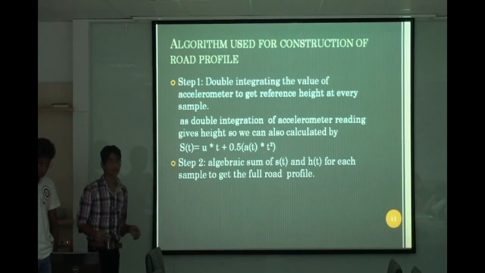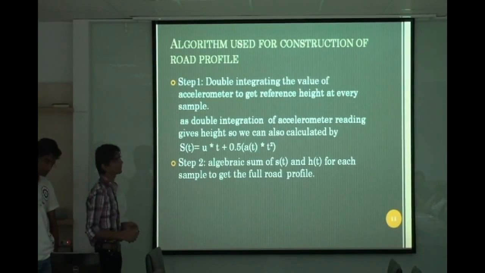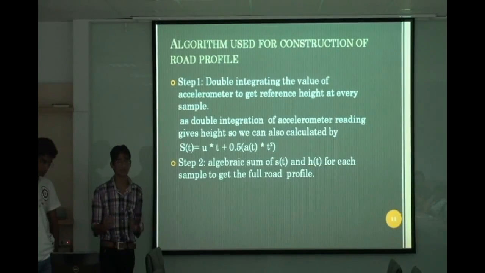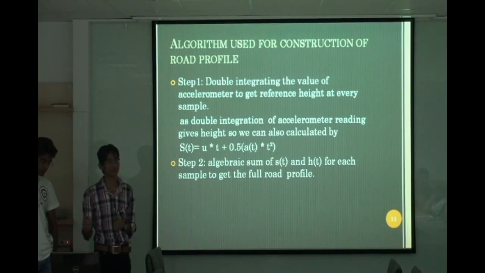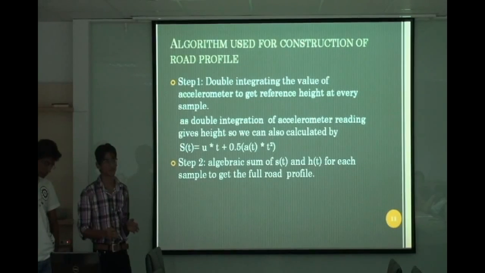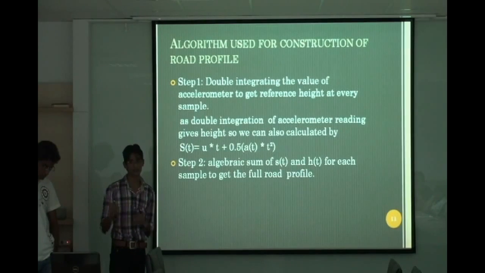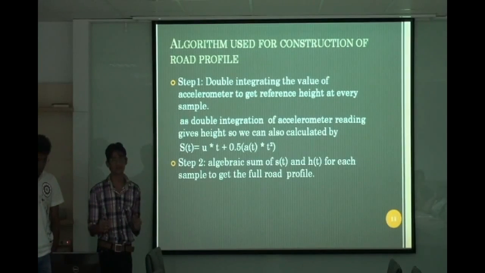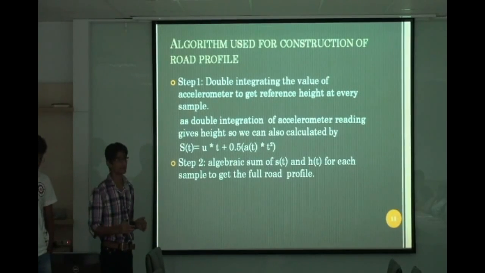So what is the algorithm behind the construction of a road profile? We double integrate the value. We simply apply a mathematical formula for the accelerometer readings, because the accelerometer reading is in meters per second square. We need to convert this meter per second square to meters, so we double integrate the vertical acceleration readings obtained from the accelerometer.